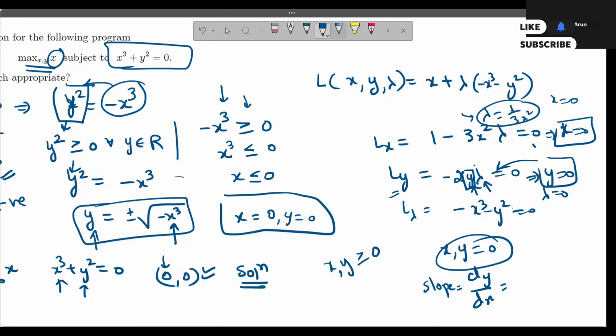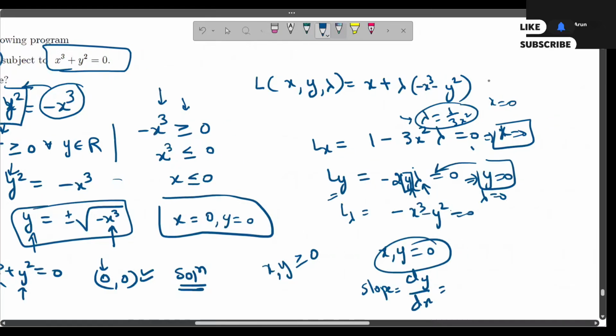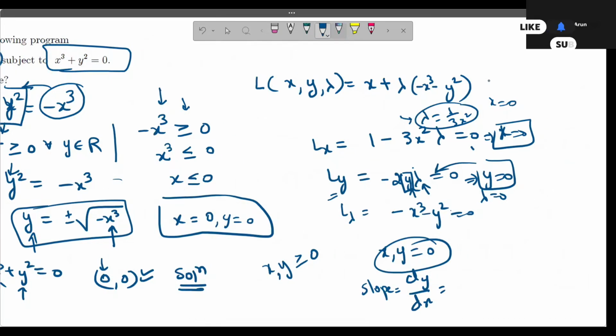So both of them cannot be 0 for Lagrange to be applied. Okay? Got it, ma'am.